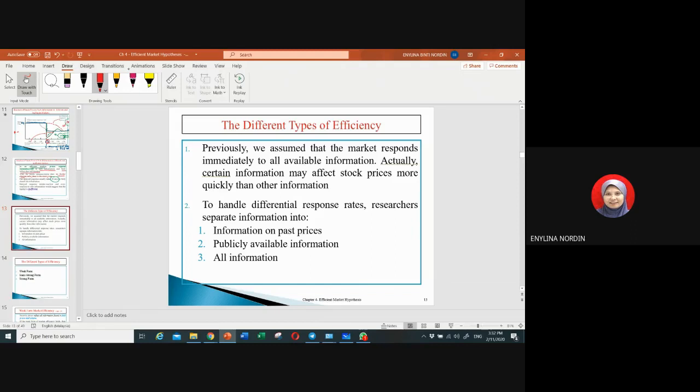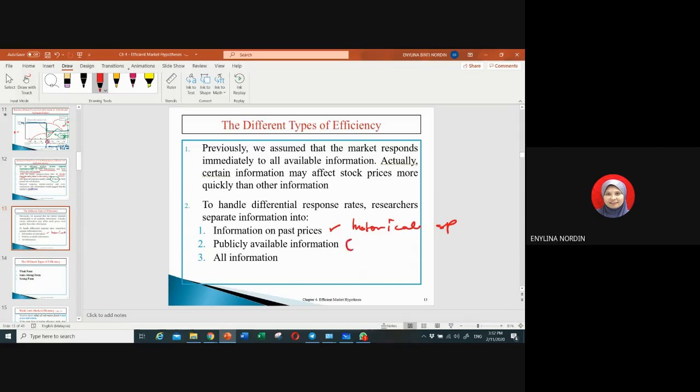To handle differential response rates, researchers have separated information into three groups. That is information on past prices, that is the historical stock prices, and then publicly available information.